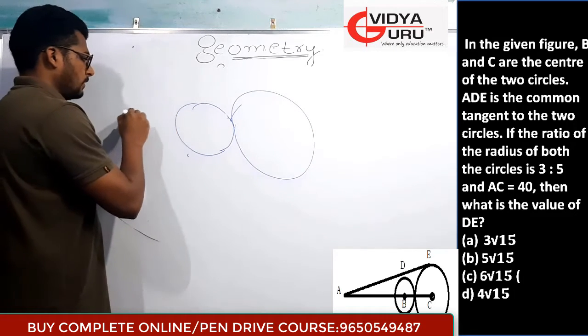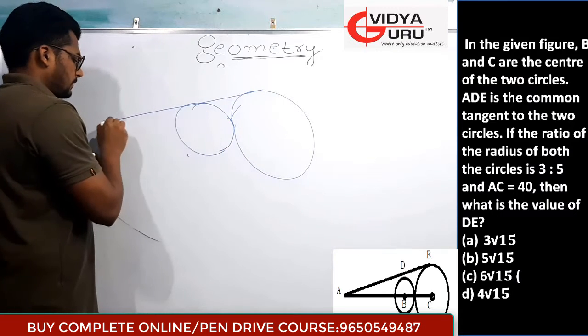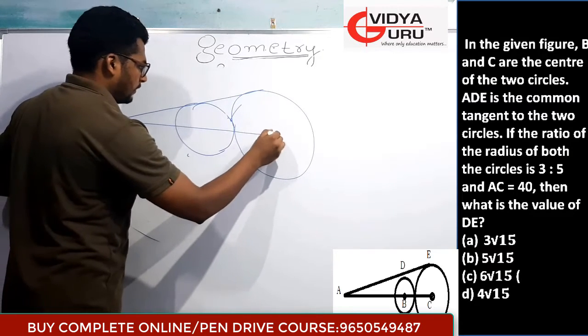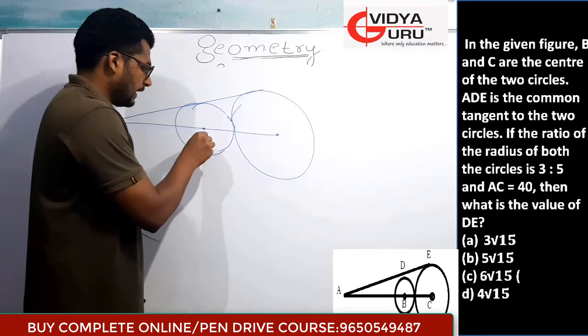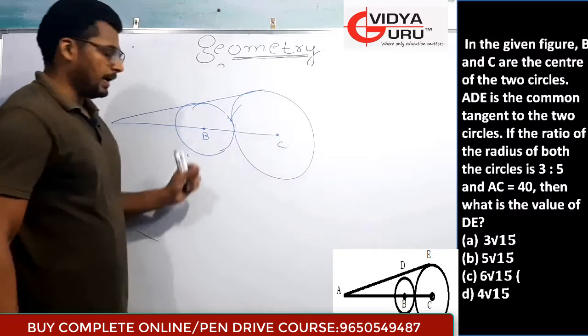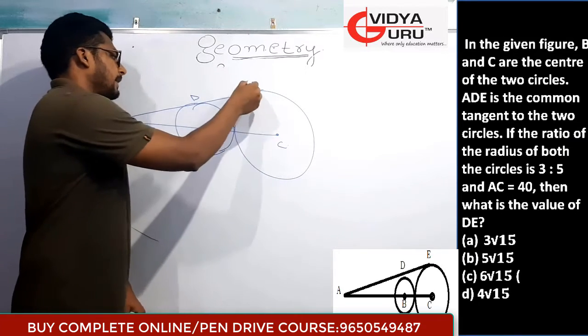And this is the common tangent. The centers of the circles are B and C, and the common tangent is touching the circles at A, D and E.